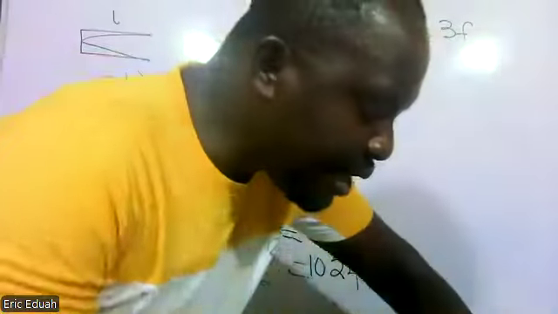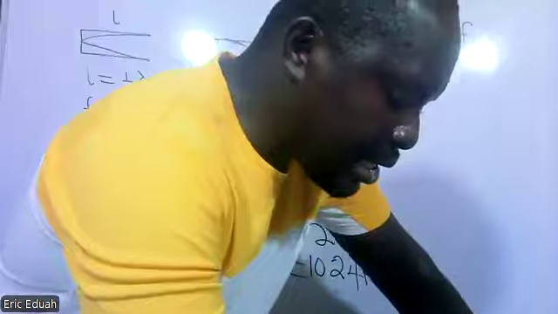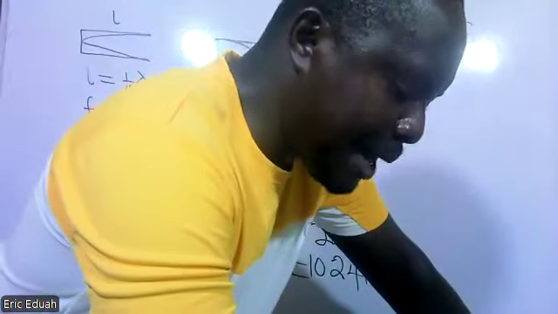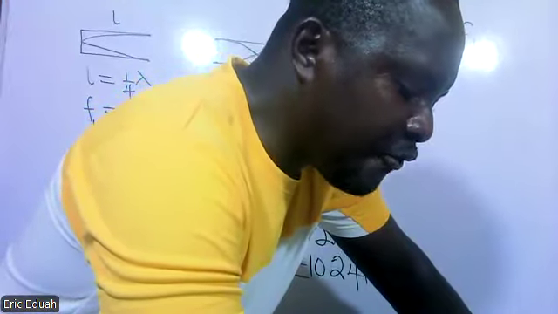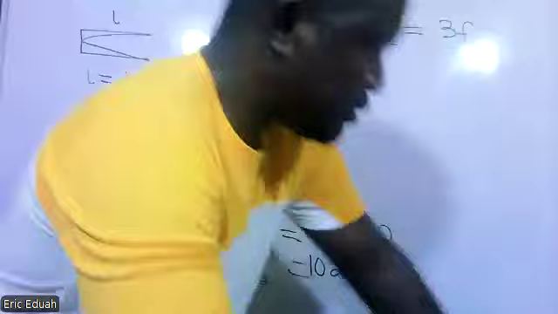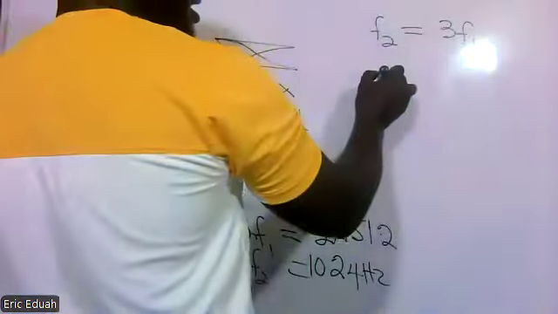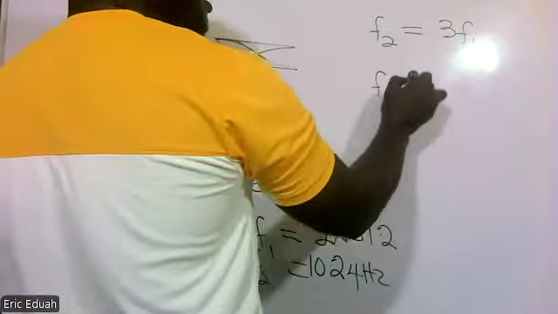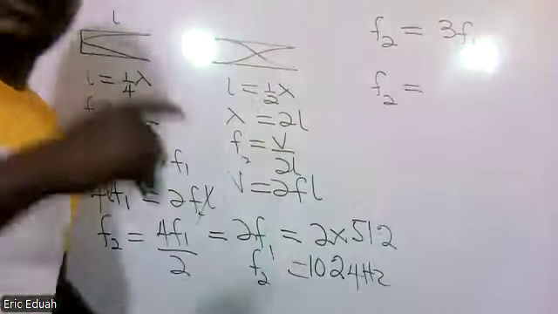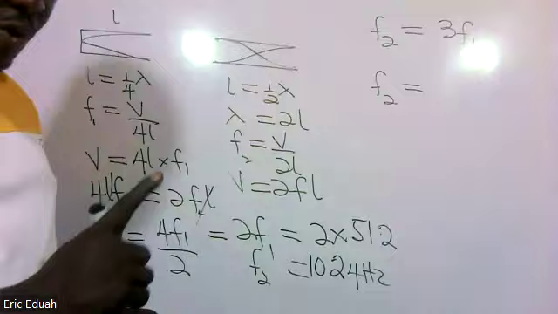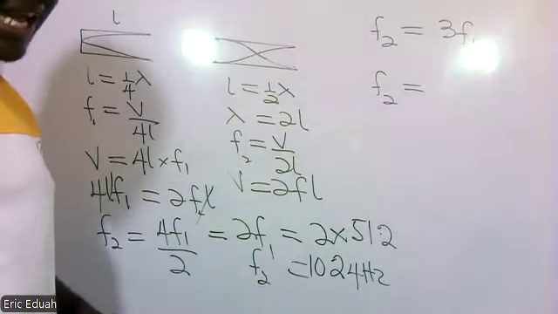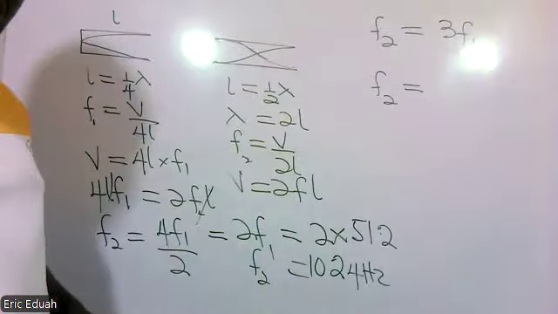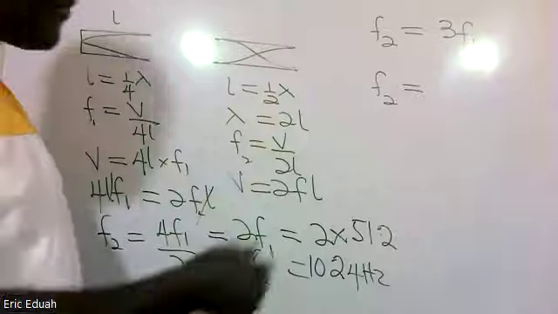Then, if we are looking at an open pipe of the same length, its first overtone, which is F2, has both even and odd harmonics. So we have F1 as the fundamental, and the next harmonic is 2F1, which is the first overtone.